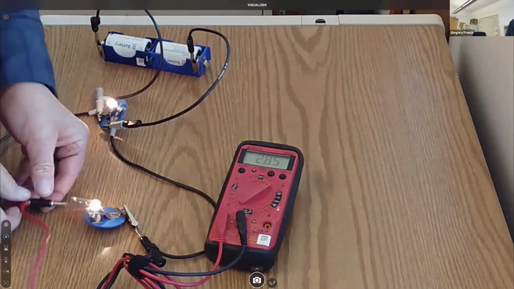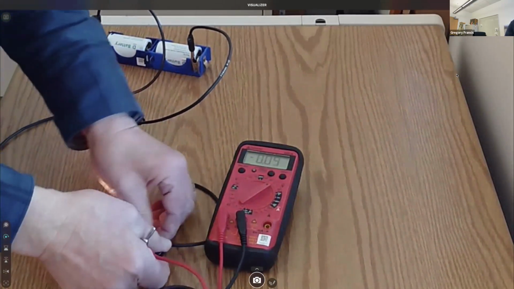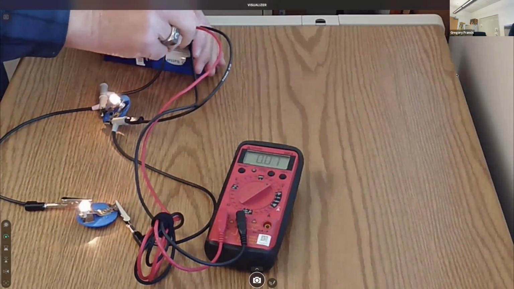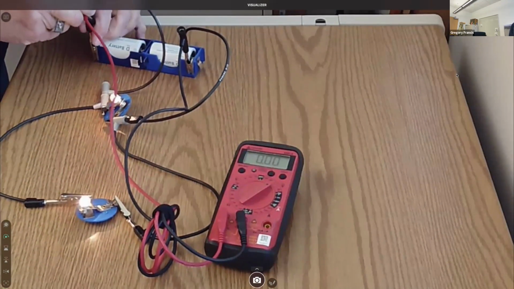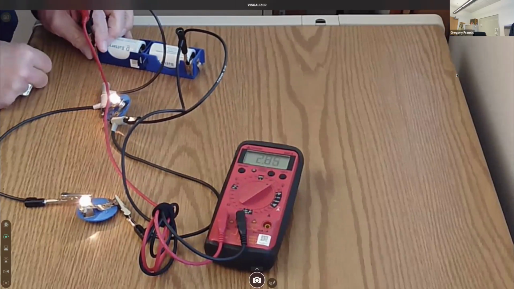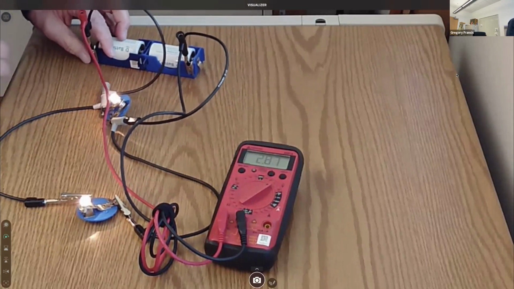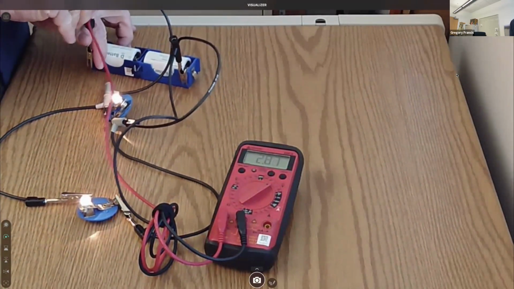Okay, let's take the measurement across the battery again. What I get there is 2.86, 2.86, 2.87. Okay, good.